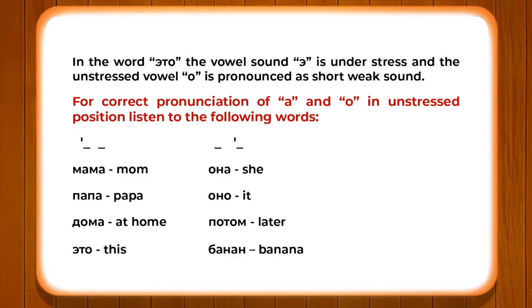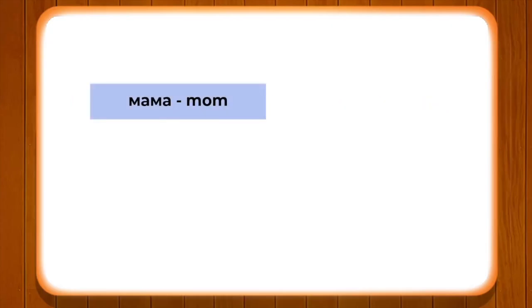So, here if you look at the screen carefully, you will see the stress sign on certain vowels, and according to the concept which we have just learned, if the vowel is not under stress, the sound will differ or will be shortened. So, in case of mama, the sound of the first vowel a is higher, whereas the sound of the second a is lower.